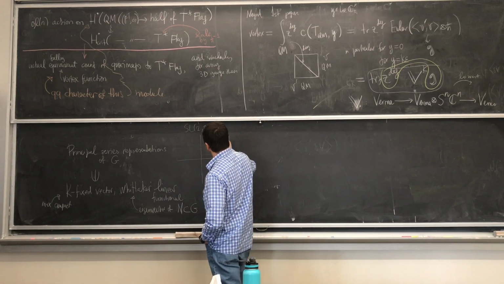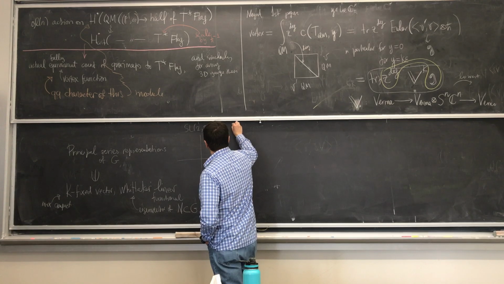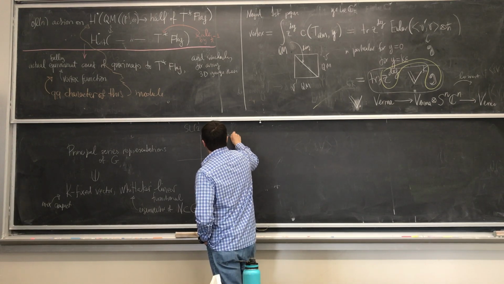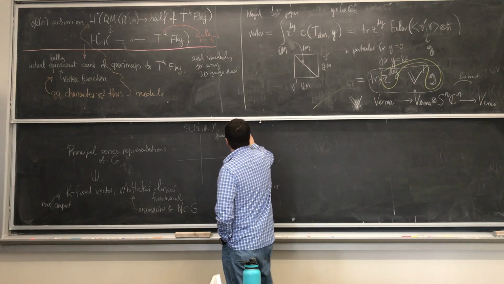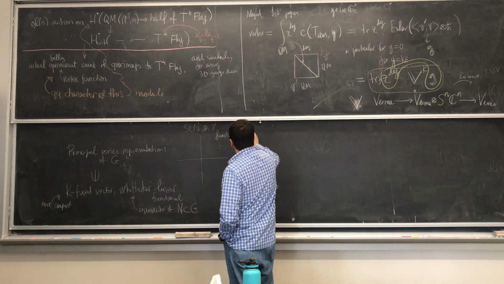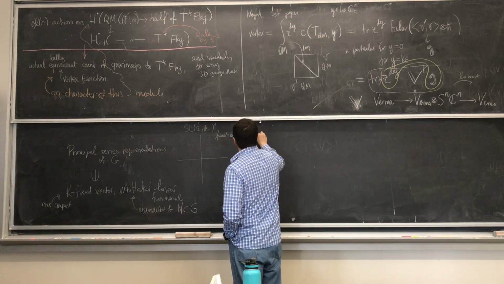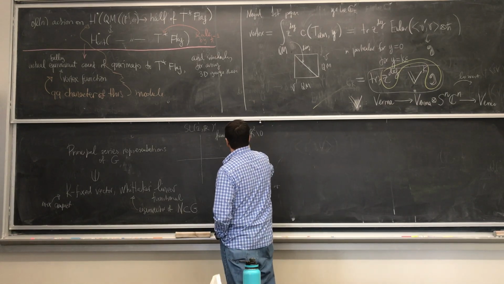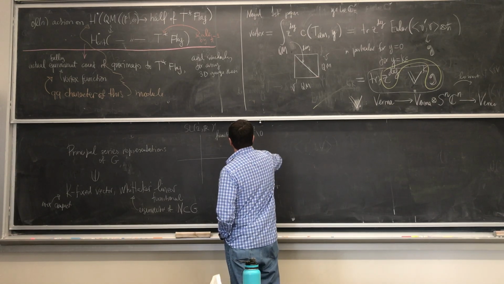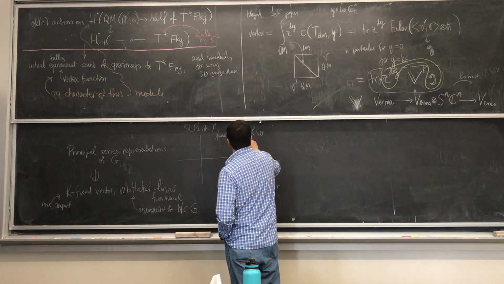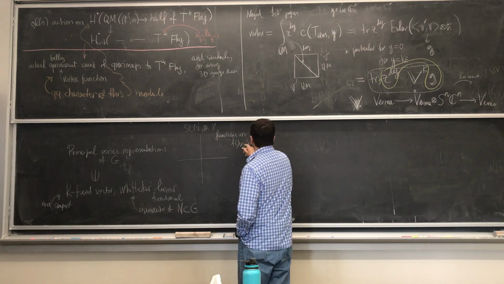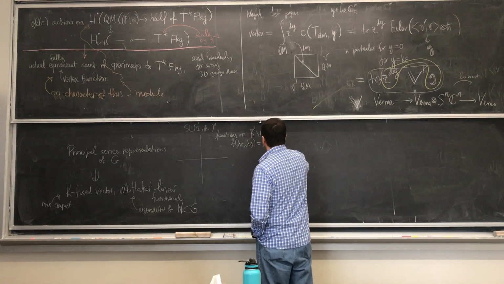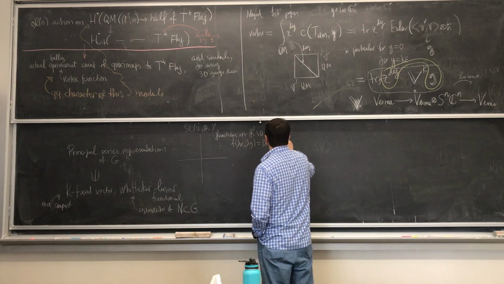We look at principal series as functions, let's say functions on R2 minus the origin, such that f of lambda x, lambda y equals absolute value of lambda to some power alpha times f of x, y.